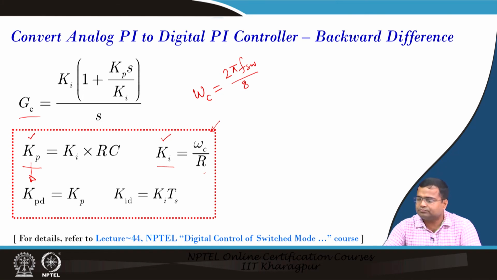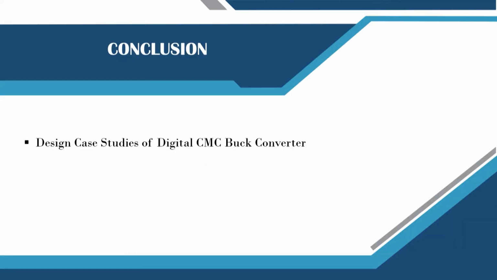In summary, we have discussed the design case study of the digital current mode control buck converter, and we have also considered some simulation case studies, and we have shown how to design using small signal digital current mode control. But this lecture shows that this is not the superior way of digital control design.